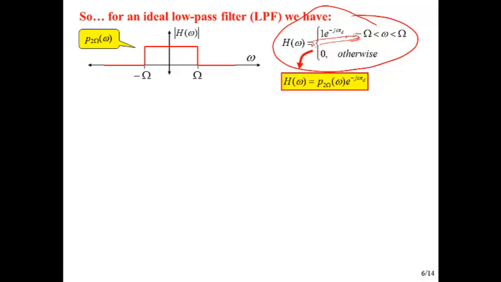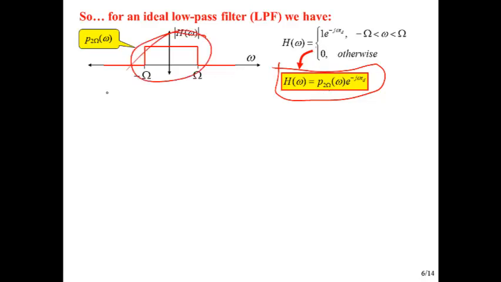And then outside of our pass band, we want it to be 0. And so mathematically, we can write that like this, where we're using this rectangular function with a width of 2w as a function of omega to represent this kind of structure.